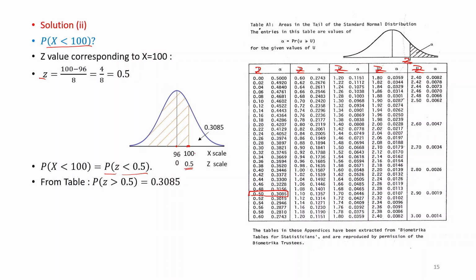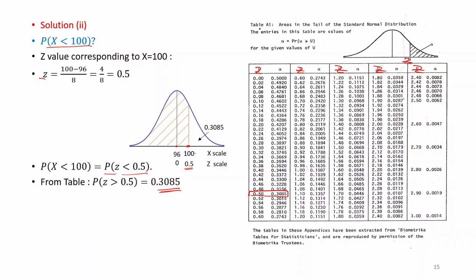Now remember, the way this table has been designed or the area has been plotted, the values of the areas are more than whatever Z values are given here. That means this 0.3085 is the area of this part of the curve greater than 0.5.